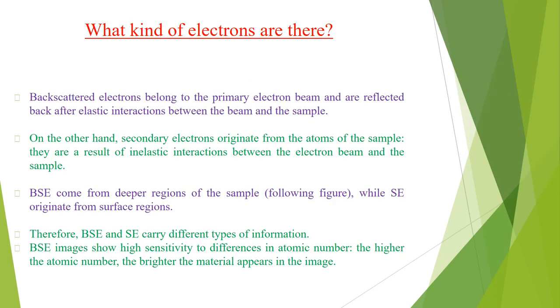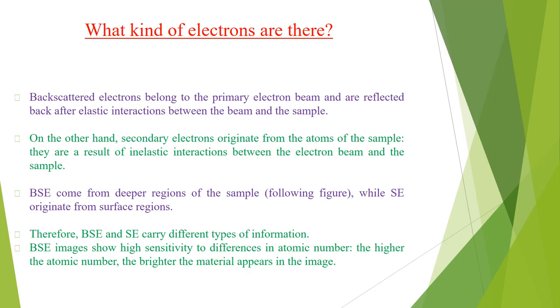Now we will see what kinds of electrons there are. The interaction of electrons with the sample can result in the generation of many different types of electrons, photons, or radiation.